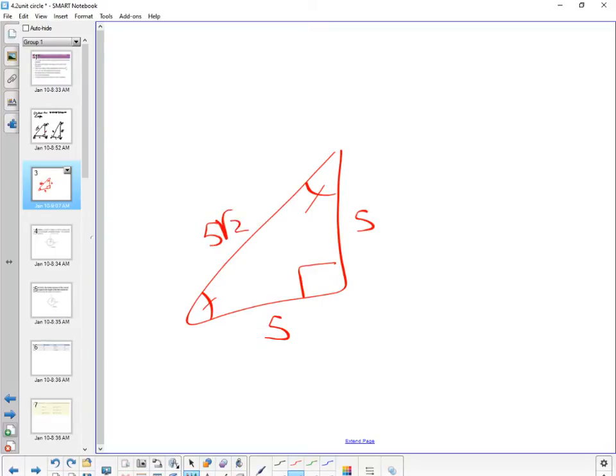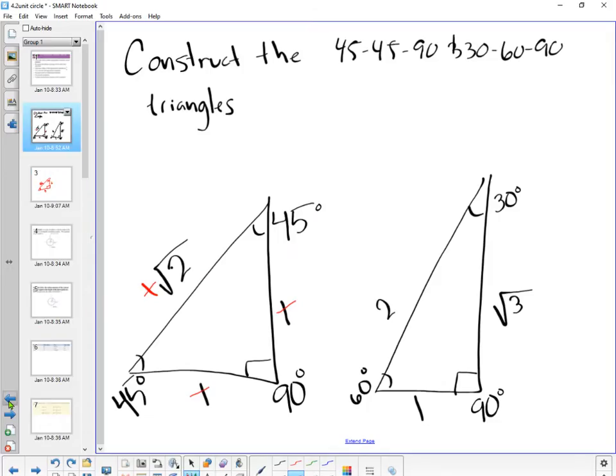Absolutely, because you can dilate that thing, and you just have to follow the x values. Same thing with our 30-60-90. This becomes x, this becomes 2x, and that would become x radical 3. So you can dilate those in that fashion, or reduce them.